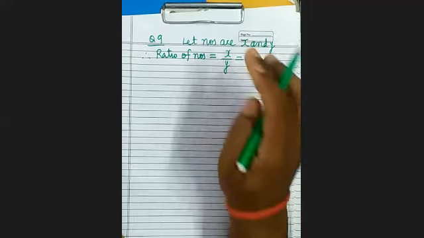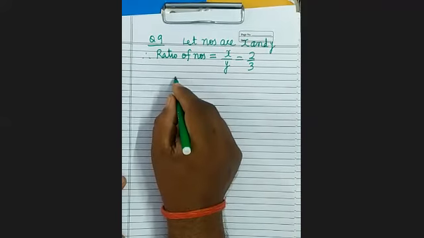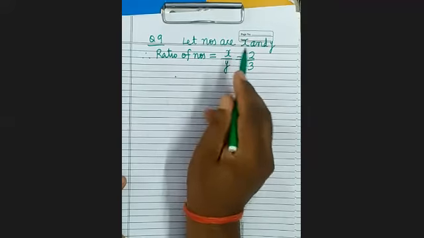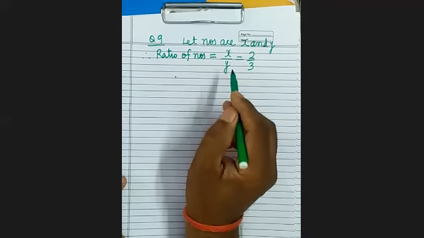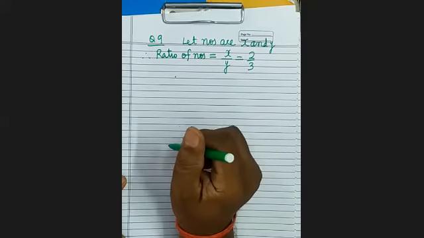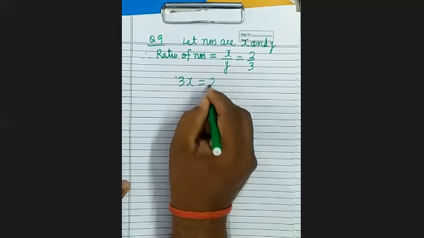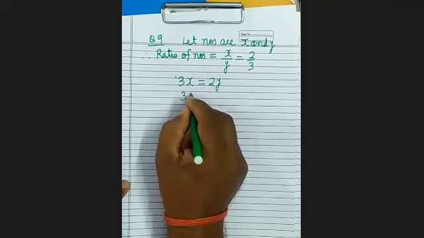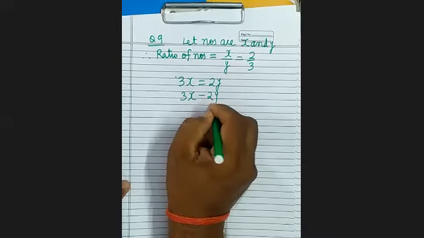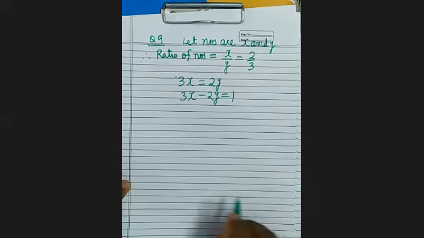So when you cross multiply, 3x equals 2y, or you can say 3x minus 2y equals 0. Is this clear?